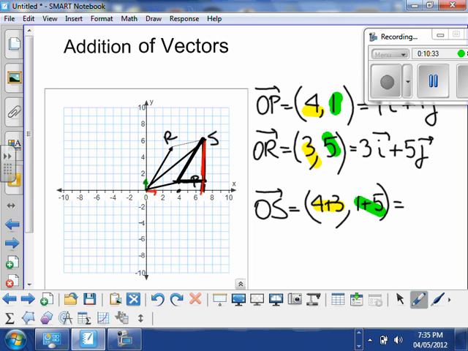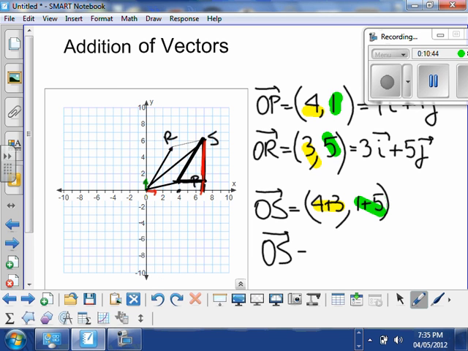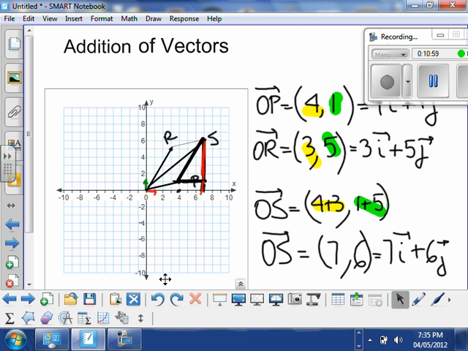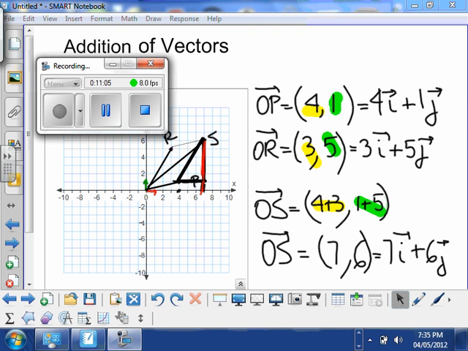So OS can be written using coordinates as 7 and 6, or using unit vectors 7i plus 6j. Notice I could have used my unit vectors here. 4i plus 3i is my 7i, 1j plus 5j is my 6j.